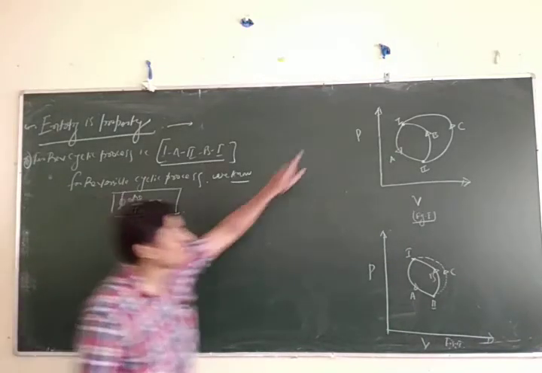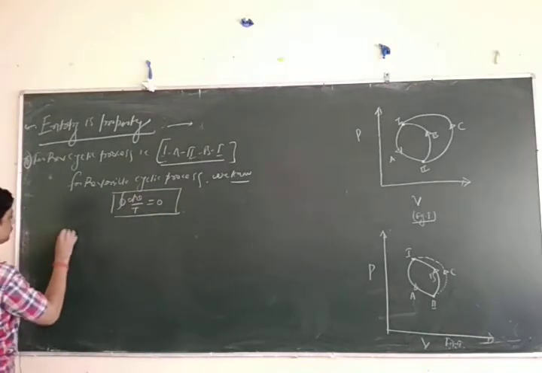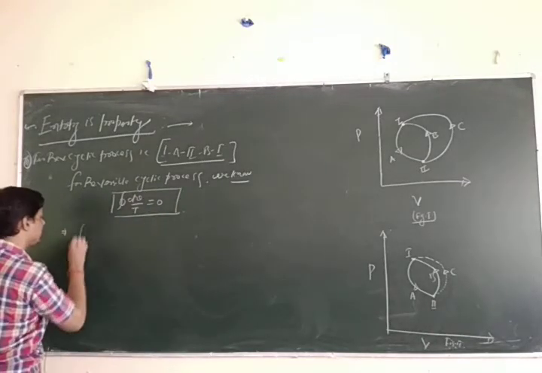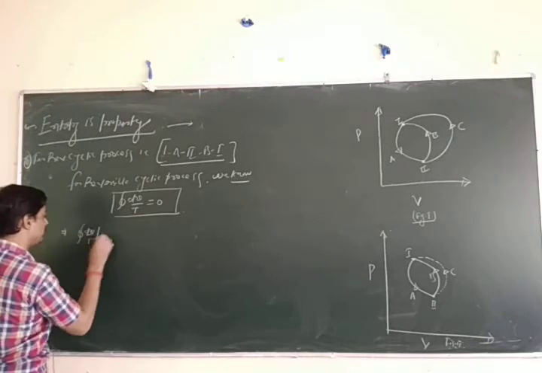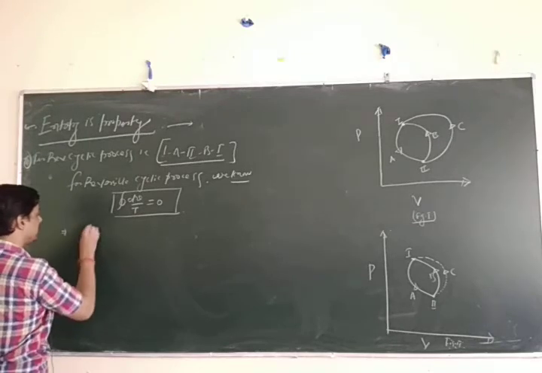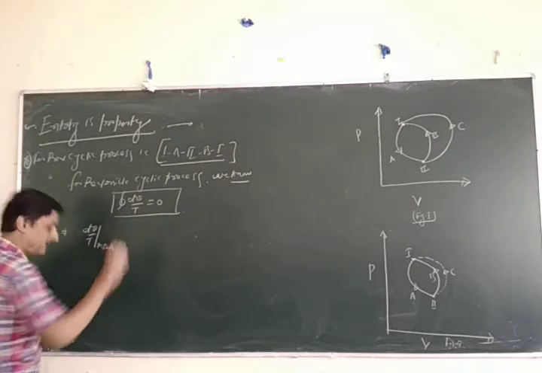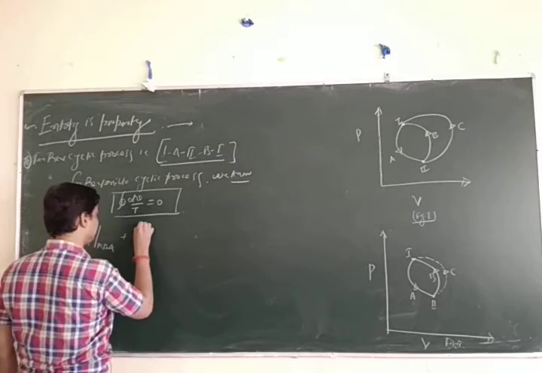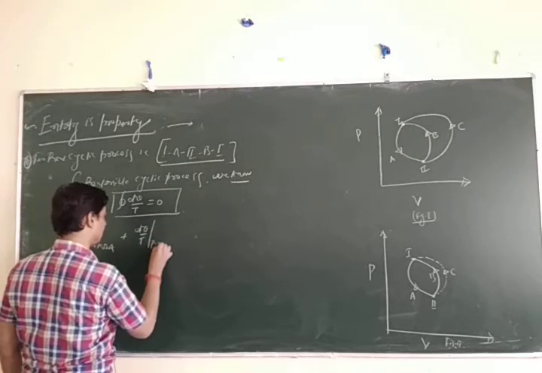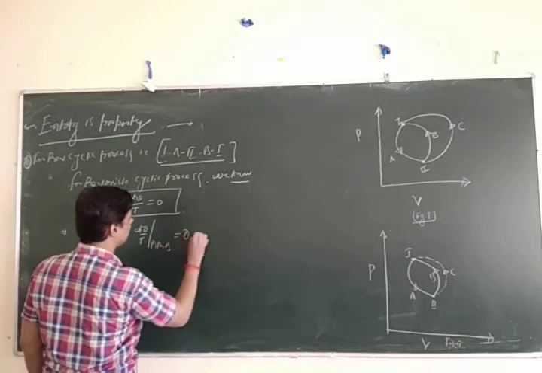So for this cycle, what will be the cyclic integral of dQ by T? It is dQ by T for path A plus dQ by T for path B, and this will be equal to 0.